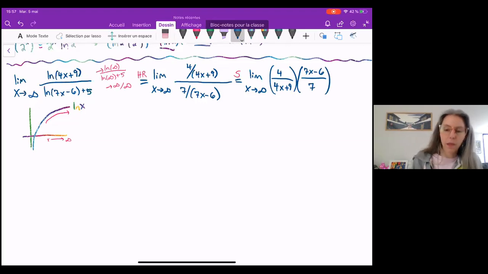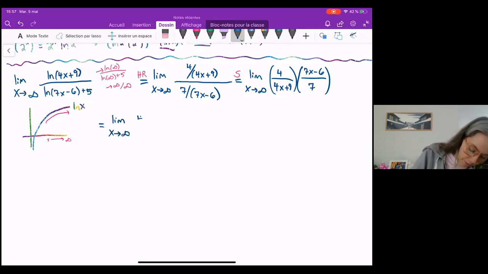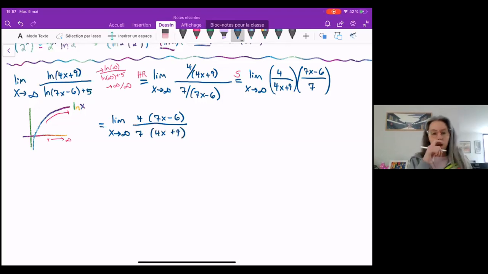So that'll be 7x minus 6 divided by 7. I'm still just going to continue with this simplification. As x goes to infinity, 4 times 7x minus 6 over 7 times 4x plus 9. Now, we have two options. When I plug in, I can do infinity over infinity.